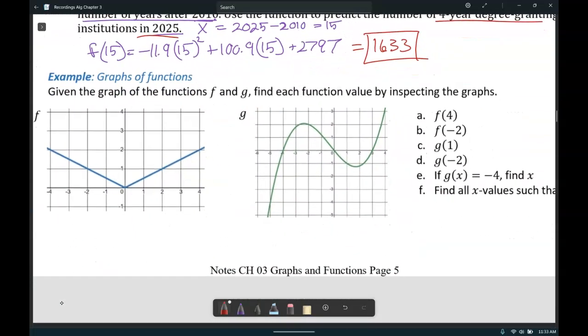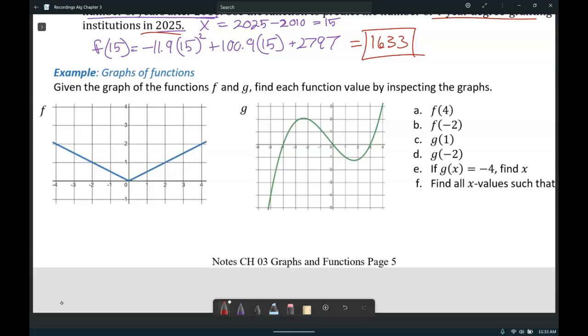We can also use graphs to evaluate functions because a graph lists all the ordered pairs in a continuous notation. We have two functions here, function f and function g. For f of 4, we look at function f and find the x value of 4, which corresponds to this point up here on the graph, (4, 2).